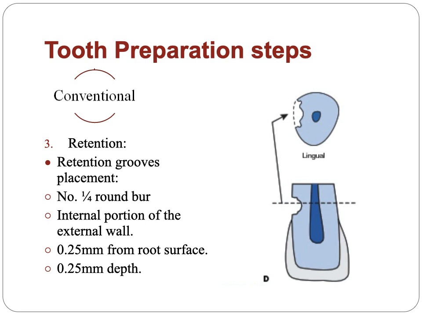As you see in the first photo, this is a cross section of the tooth structure, and you can see that the retention grooves are placed in the internal portion of the external wall, either from the incisal or gingival, and they are inside the dentino-enamel junction, and they are 0.25 millimeter in depth.